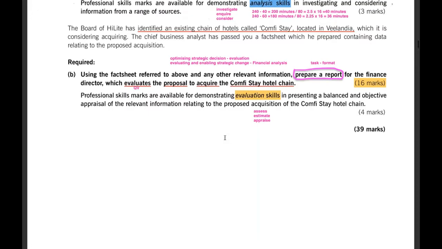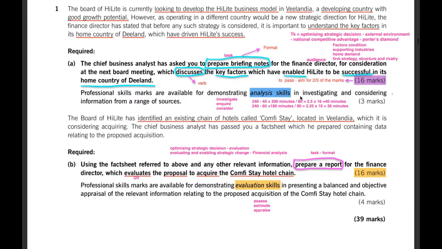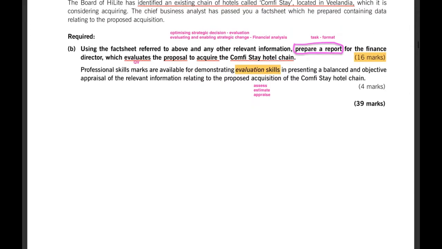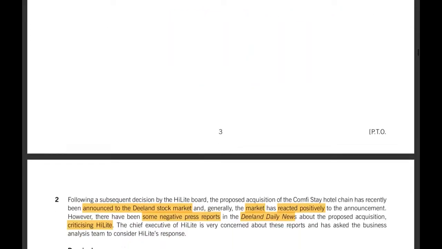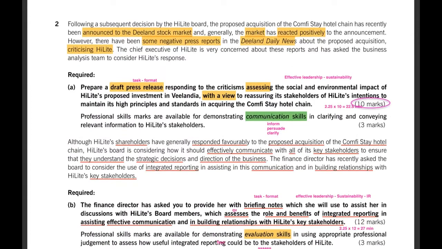So I have this, and then I have optimizing strategic decisions about financial analysis. So what else do I have? The next thing is effective leadership.